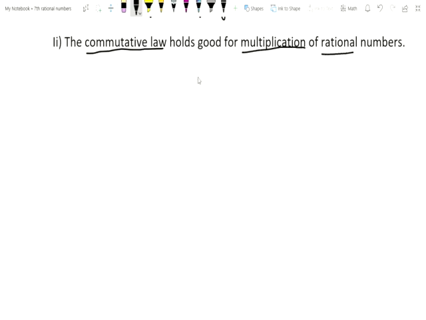Okay. So what is the commutative law, children? Commutative law for multiplication of rational numbers is A by B into C by D equals C by D into A by B.